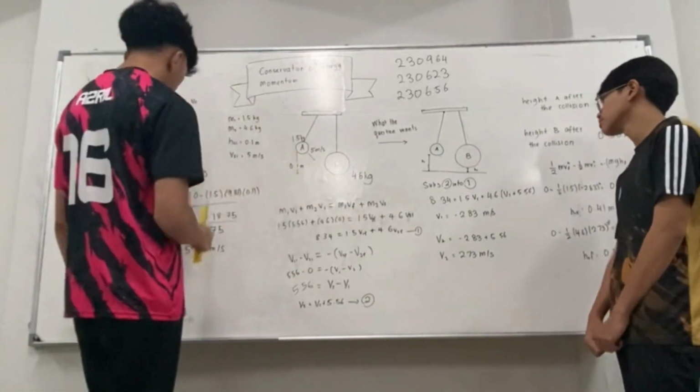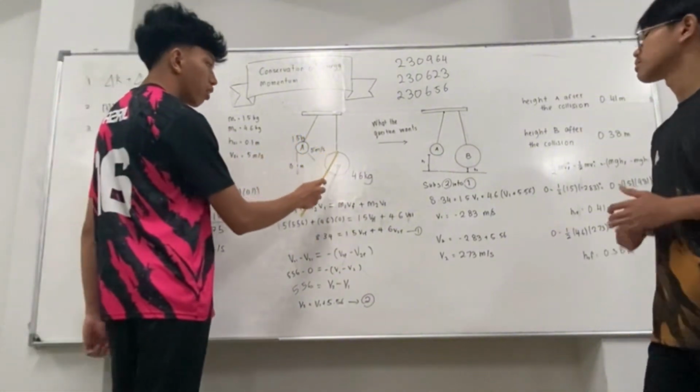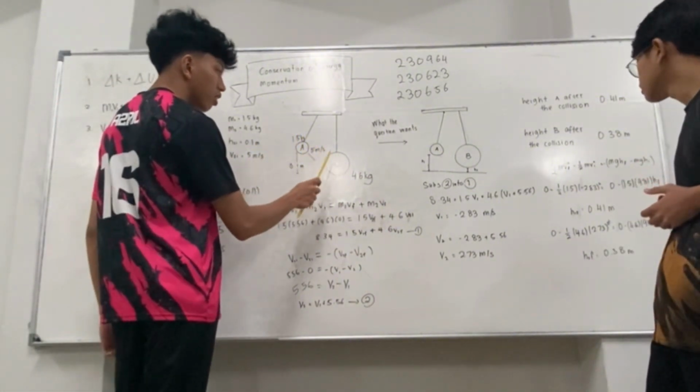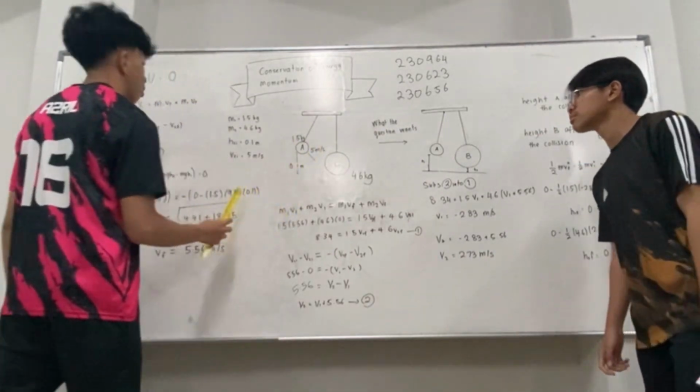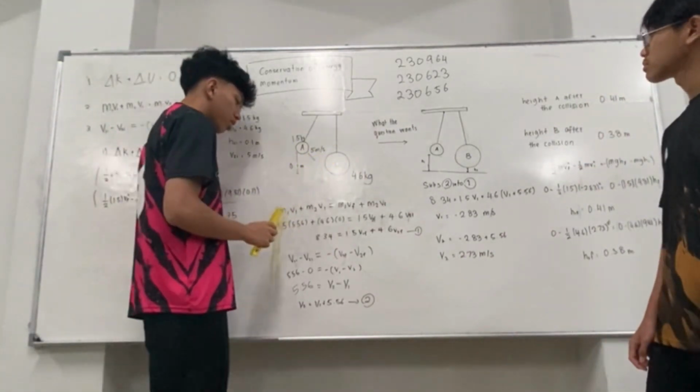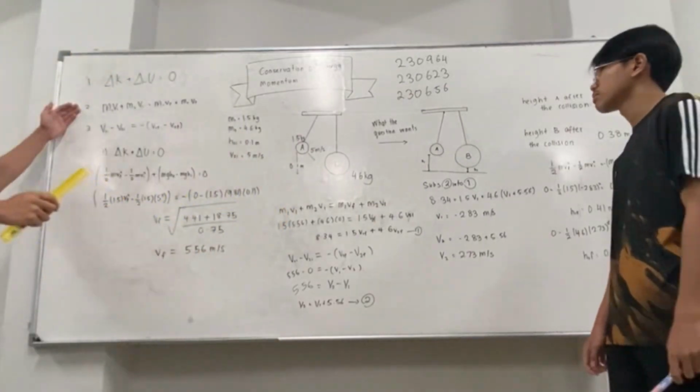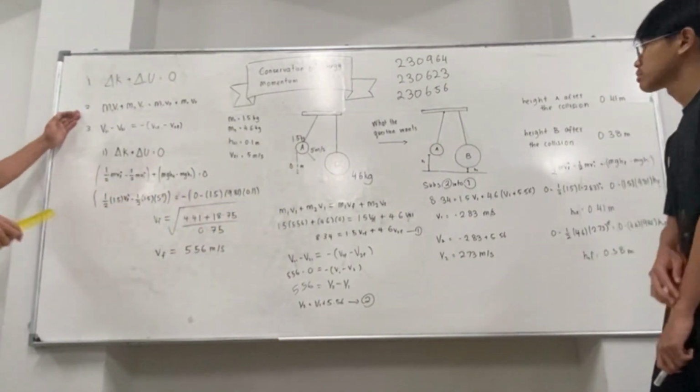After we get the final velocity, the initial velocity of ball B before it hits ball A is zero because it's at rest. So we can use the first equation for conservation of momentum.